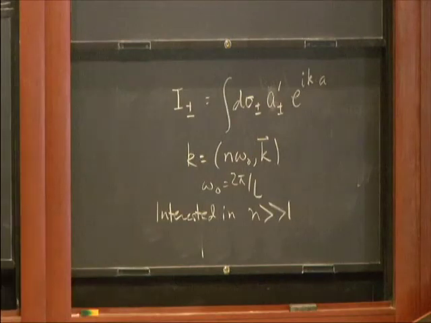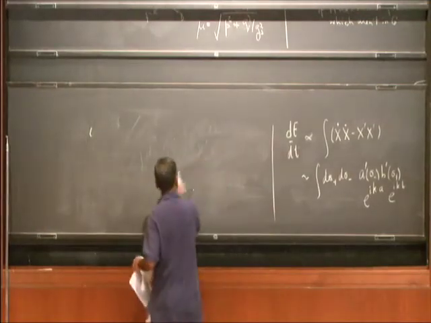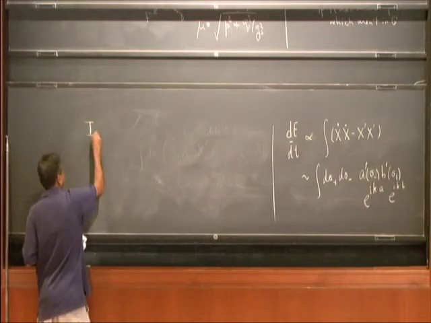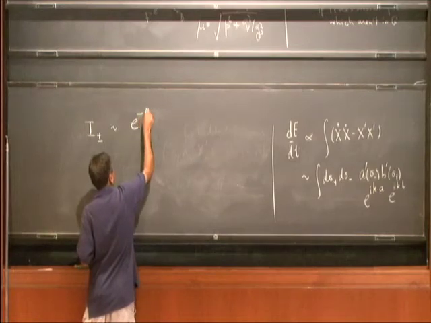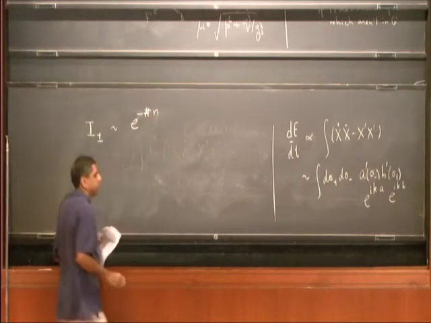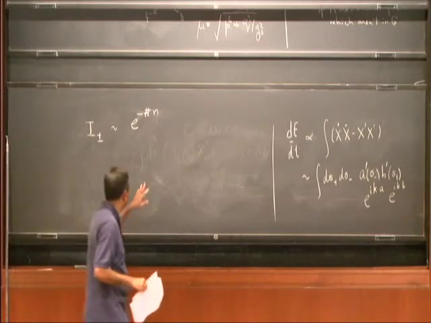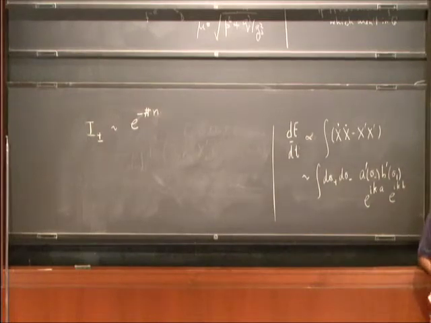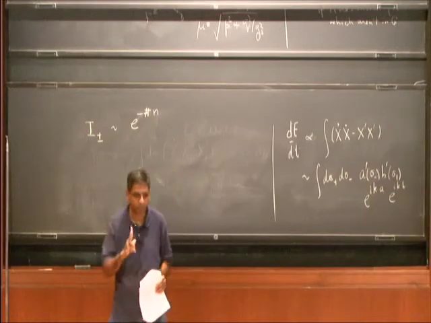And at large harmonics, I plus minus will be e to the minus some number times the harmonic number. So in general, this will be the answer, and you will basically get no radiation at very high harmonics.